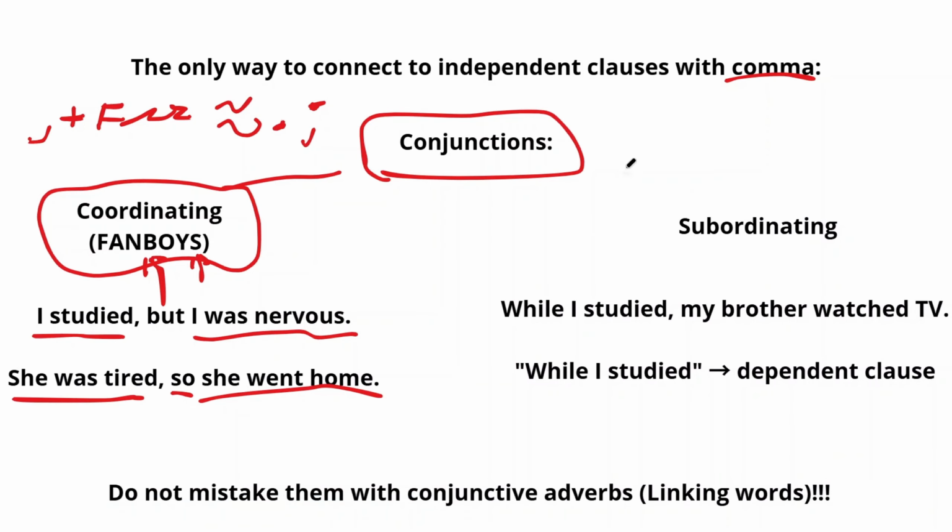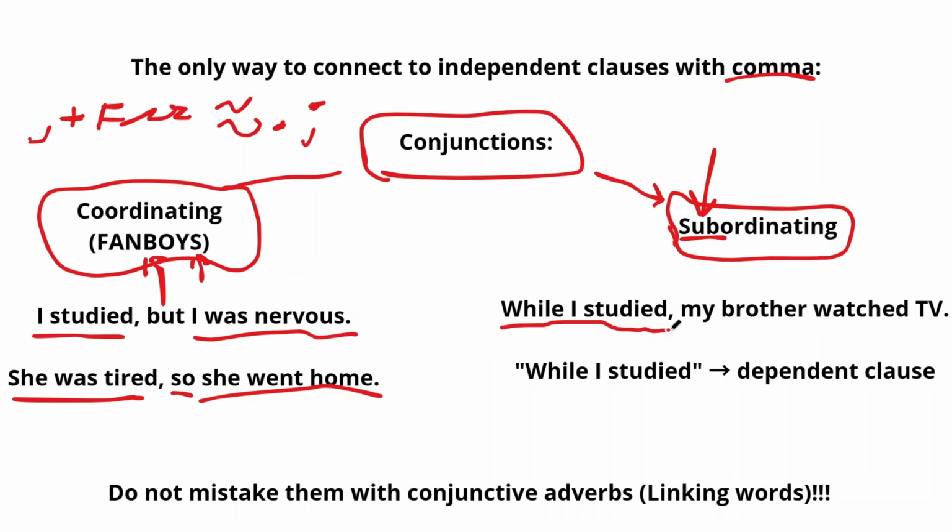And the second way is using subordinating conjunctions. The main thing to look at is the word "sub." A subordinating conjunction basically makes an independent clause into a dependent one. That's why we focus on the word sub. So you've got: while I studied, my brother watched TV. It is pretty easy.